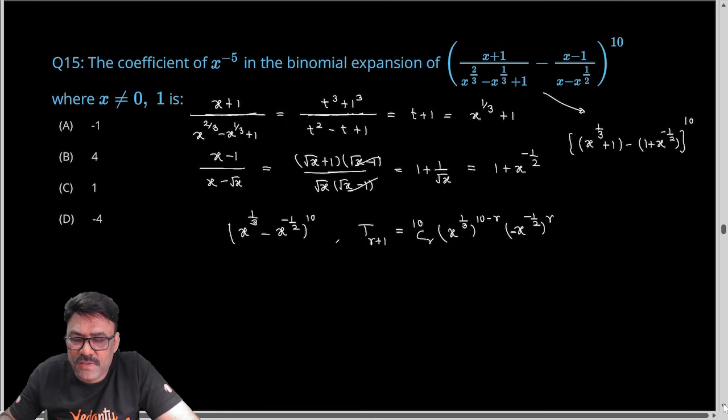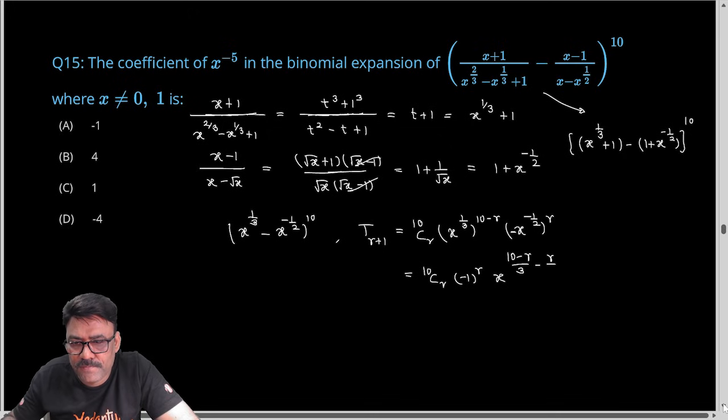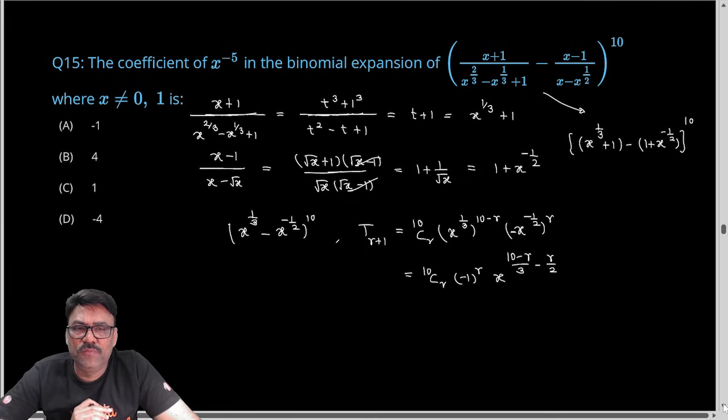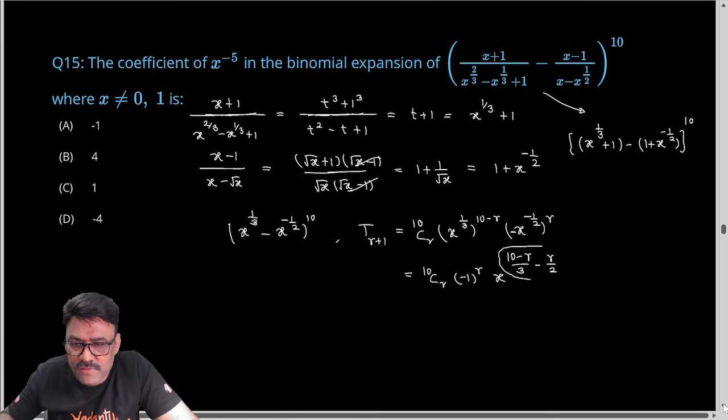Now I can write it as 10Cr, minus 1 raised to r, x raised to 10 minus r by 3 minus r by 2. And since I need the coefficient of x raised to minus 5 here, this quantity which I'm enclosing must be equal to minus 5.